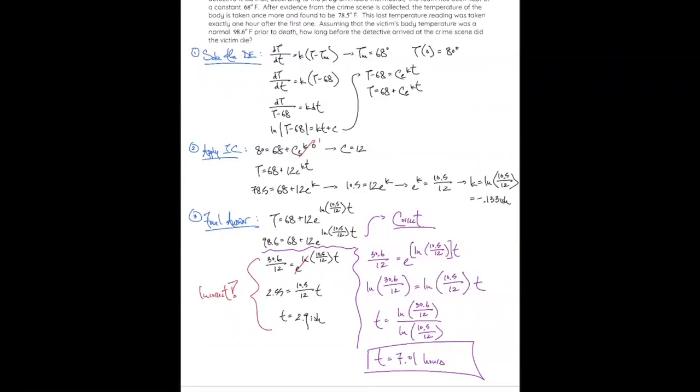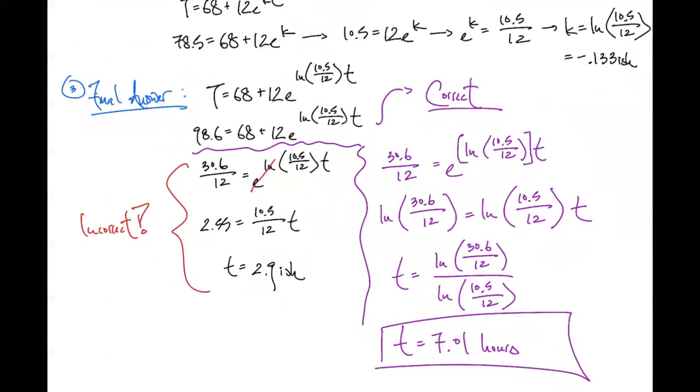And I just want to double check a computation here, make sure we're okay. All right, so we've got that natural log divided by the second natural log. And we should get a negative value.